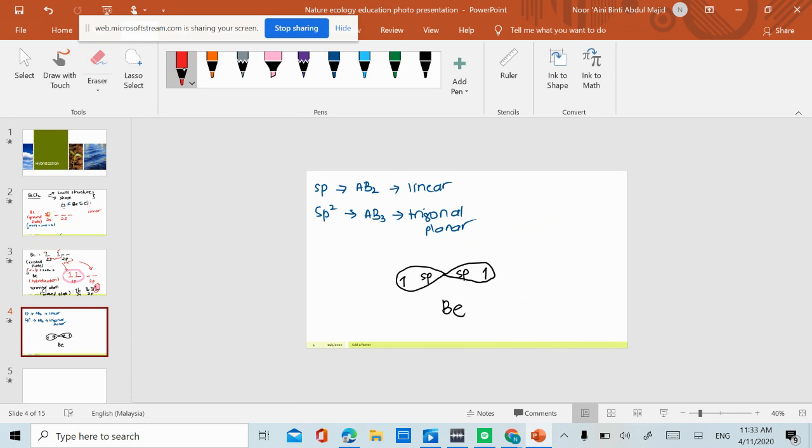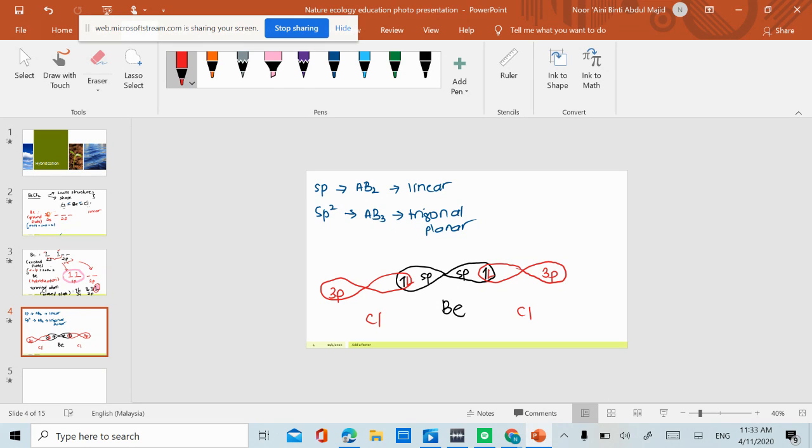One Cl on this side, and this is 3p, and another Cl on the left hand side. This is 3p.